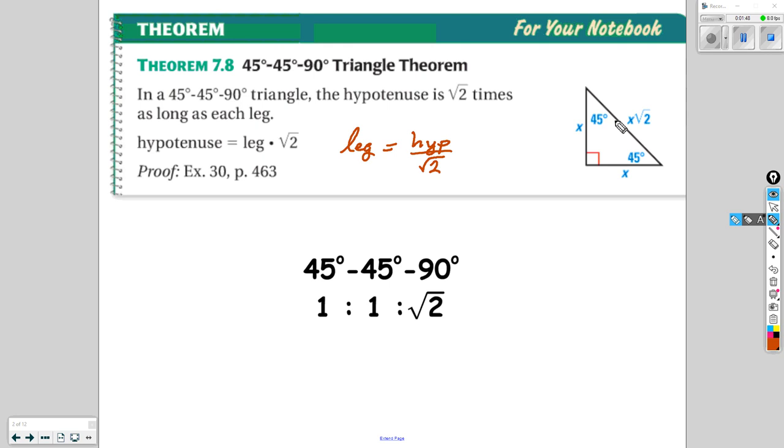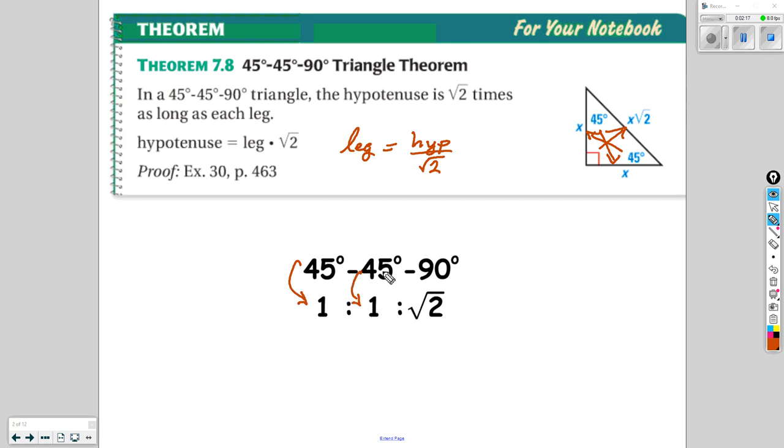Now, how you know what side you start with is you could use these ratios. Obviously, we could look at a picture, and the side that's opposite that 90-degree angle is the hypotenuse. The other sides that are opposite those 45-degree angles are the legs. All right, so you'll see these ratios, and that means, so we have 1, 1, root 2, which means the side opposite that 45-degree angle has a ratio of 1.